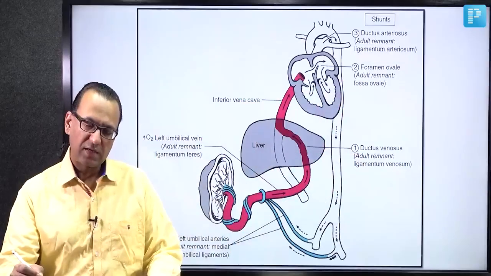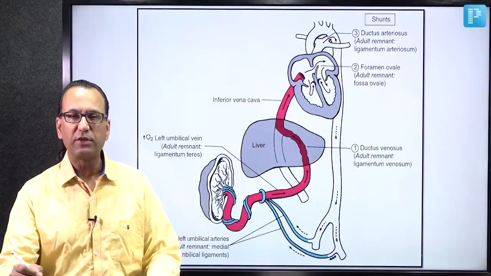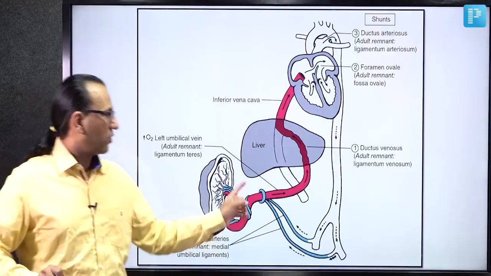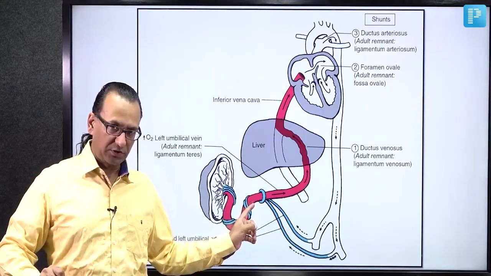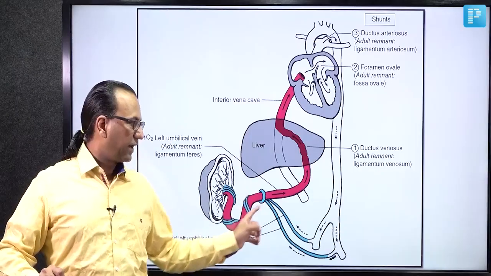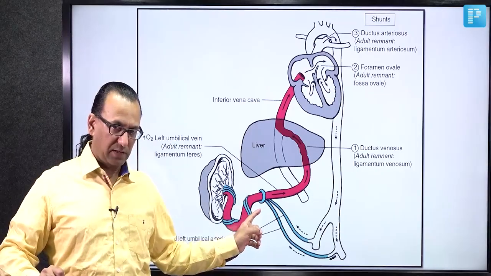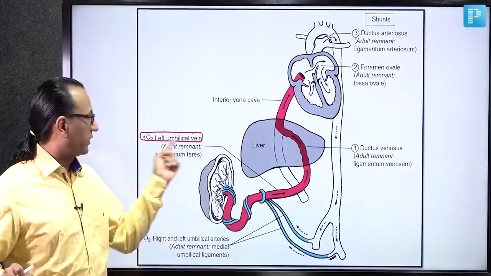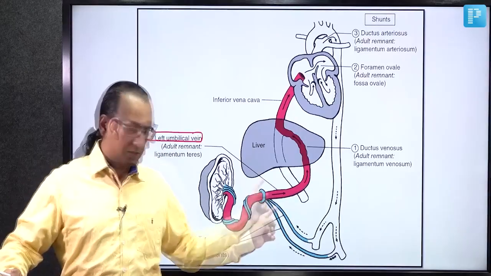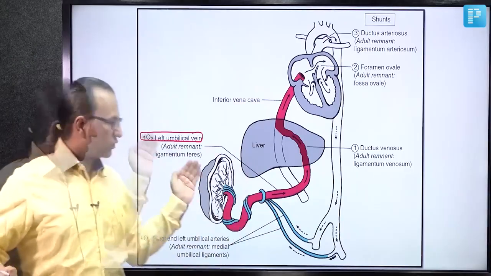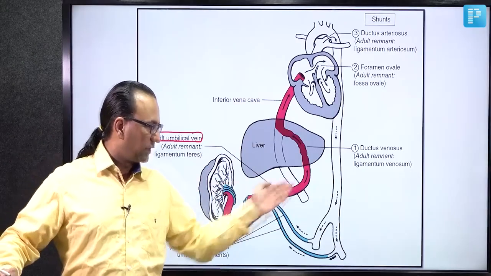Here we are looking at the fetal circulation, and as we understand, inside the umbilical cord we have two umbilical arteries and two umbilical veins, but later the right umbilical vein regresses and the left umbilical vein is left. So as you can see, we are showing the left umbilical vein in red color because it carries oxygenated blood from the mother, coming from the placenta towards the liver.